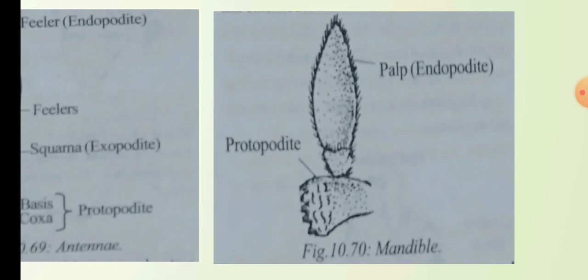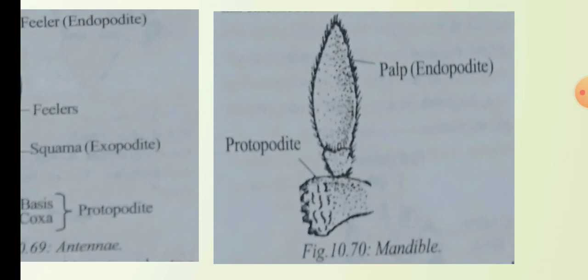How our teeth have a function, that is mastication of food, similarly the mandibles function in mastication of food, and the protopodite is calcified like teeth.